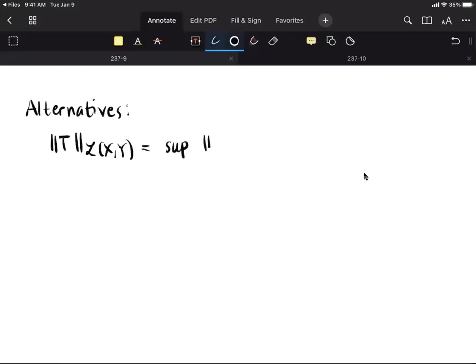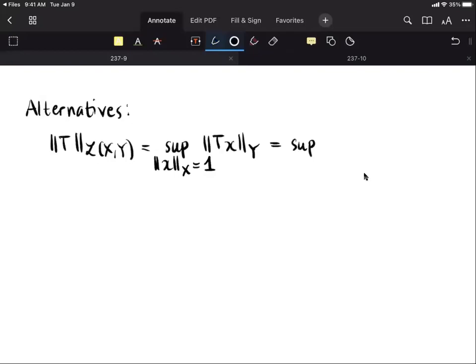Well, there's an alternative and more convenient way of characterizing the norm of a bounded linear operator. The norm of a bounded linear operator is also the largest norm of images of, let's say, the unit sphere in the vector space.